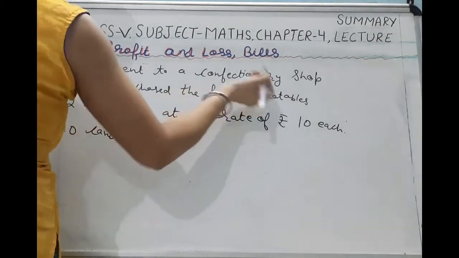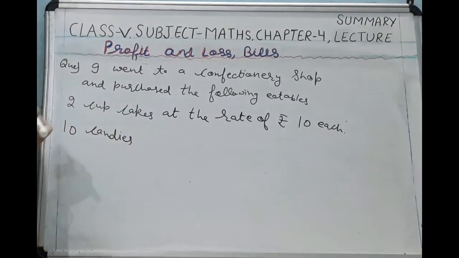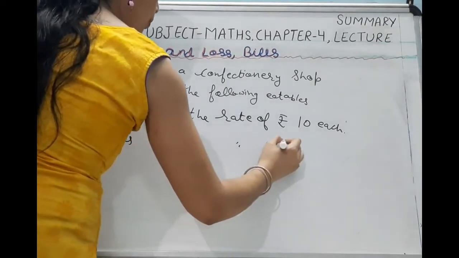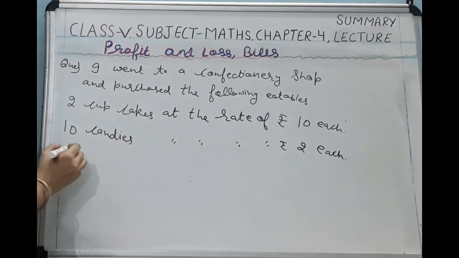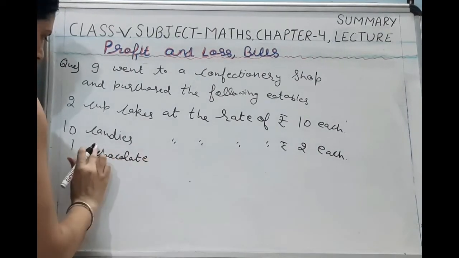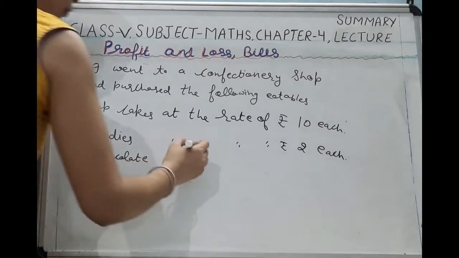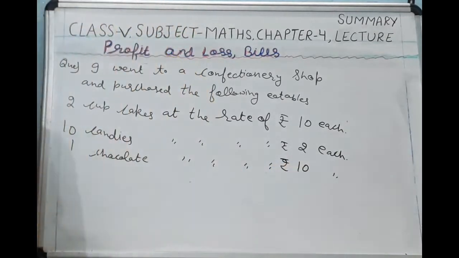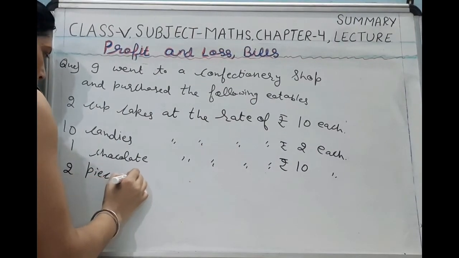Confectionery shop, here you get cakes, candies, chocolates, sweets, everything. 10 candies at the rate of ₹2 each. 1 chocolate at the rate of ₹10 each, and 2 pieces of gulab jamun.